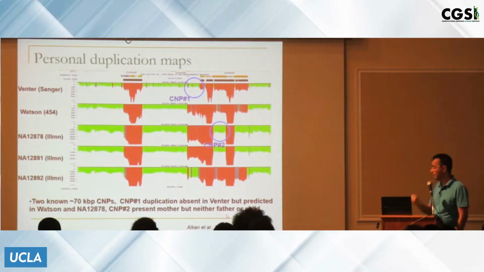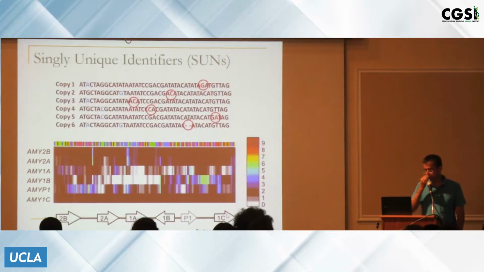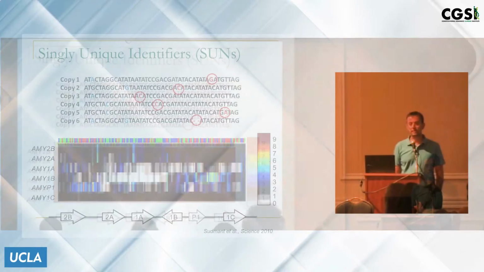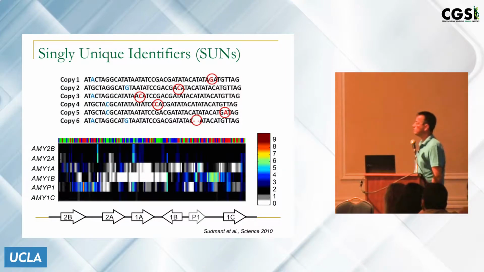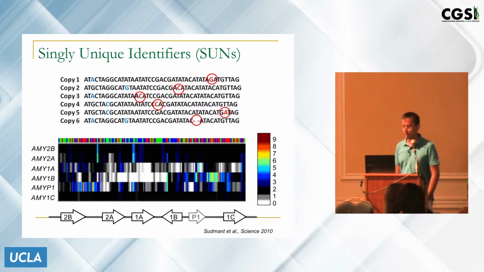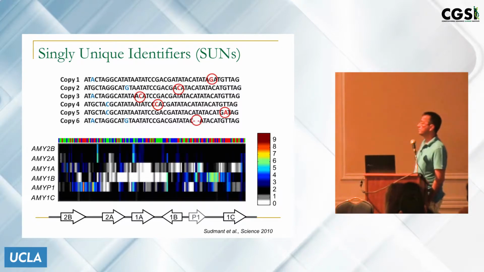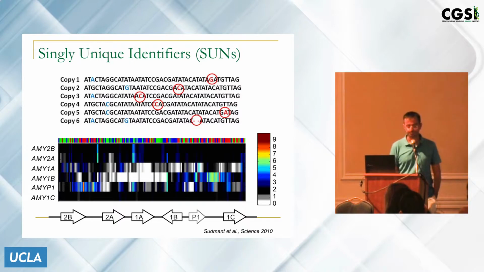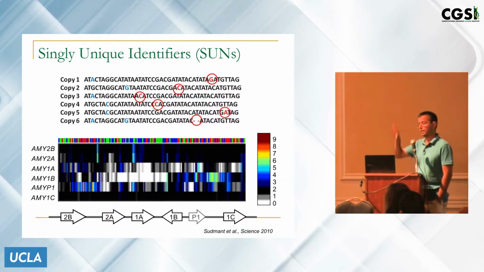Okay? So what we can also do is use what we call single unique nucleotides, SUNs in short, to differentiate between different copies of duplicated gene families. So for example, let's say you have 6 copies of a gene in the reference genome. Let's say it is very common that most people have 6 copies.